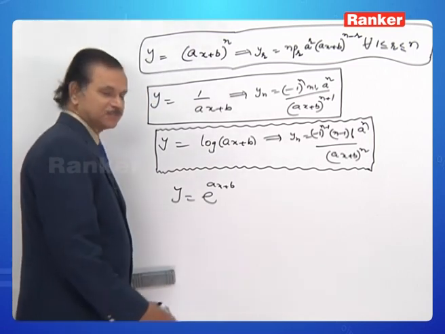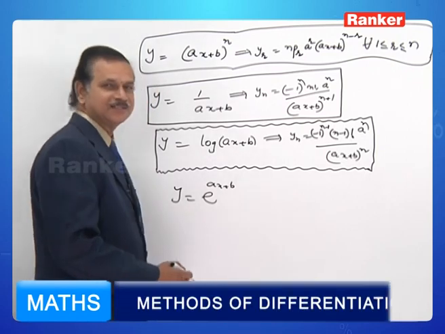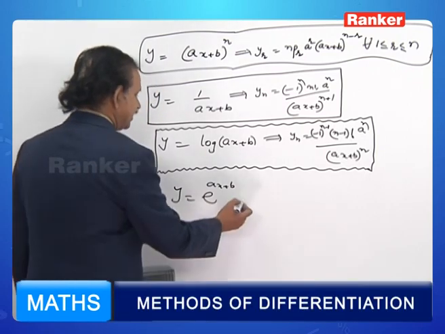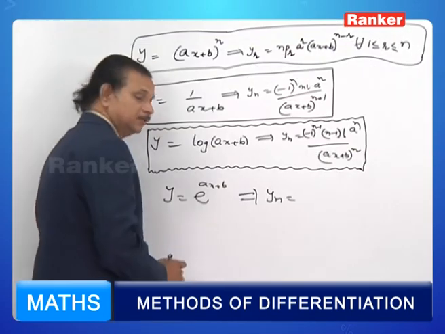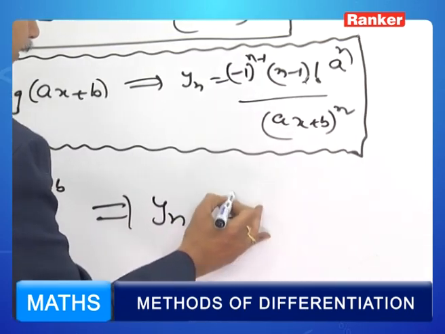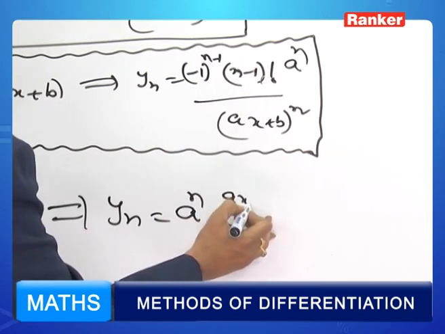So, e power (ax plus b) has no changes at all, isn't it? Therefore, yn is equal to a power n into e power (ax plus b).